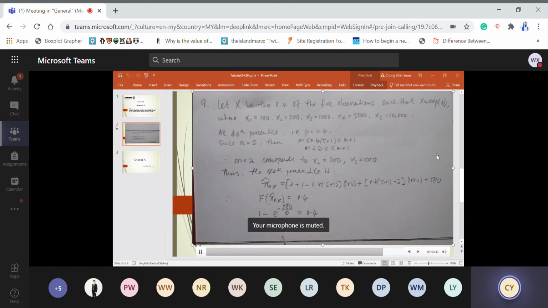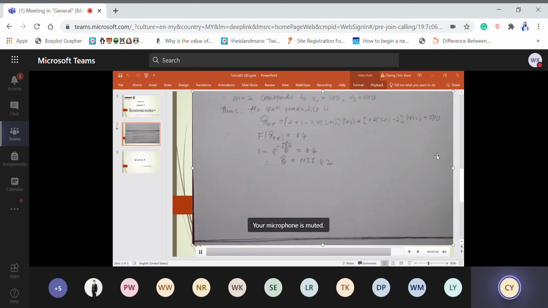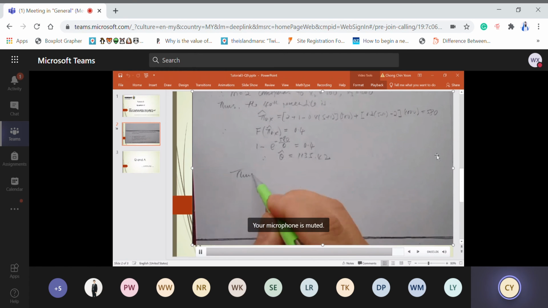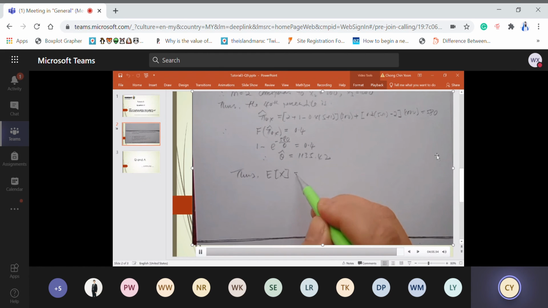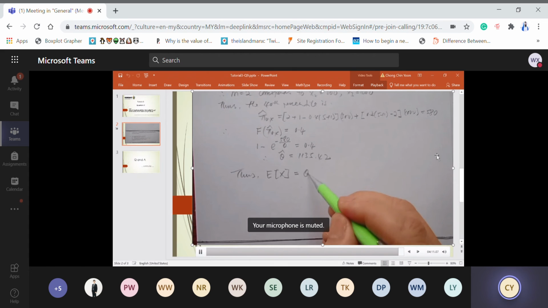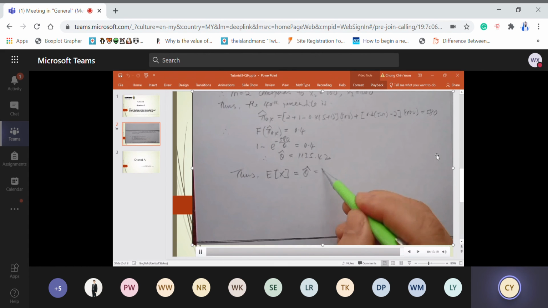So we solve this equation, then the estimate of theta is 1135.42. Thus, the mean of this exponential random variable x is equal to this estimate of theta, which is 1135.42.